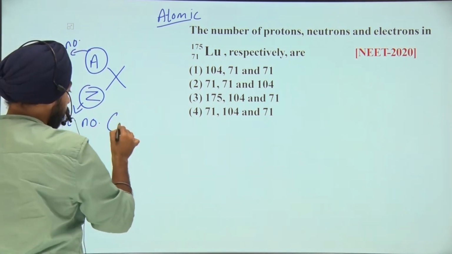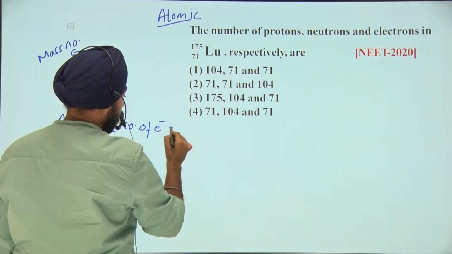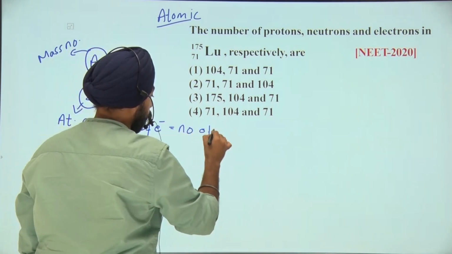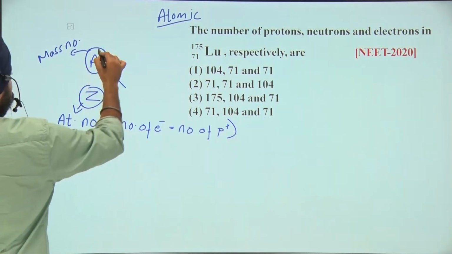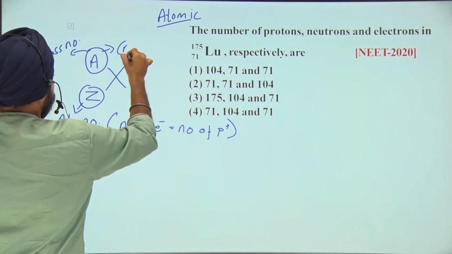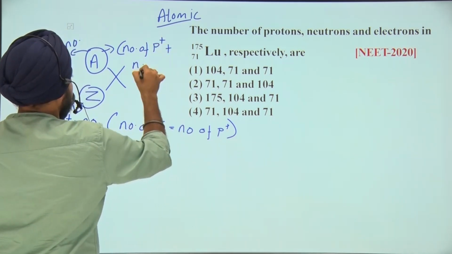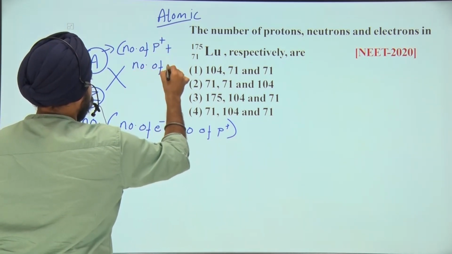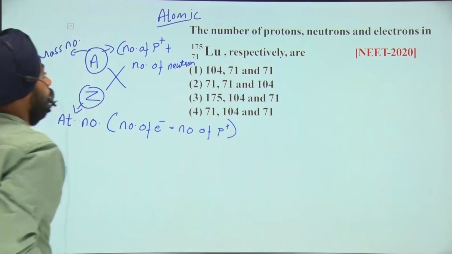So atomic number is equals to number of electron, which is equals to number of proton, and mass number is equals to number of proton plus number of neutron.